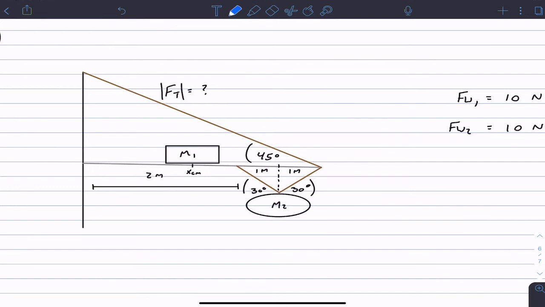But I think the easiest thing to do is going to be to sum up our forces in component form. So we're going to have a y component of the tension force going this way. We're going to have an x component of the tension force running along this rod this way.